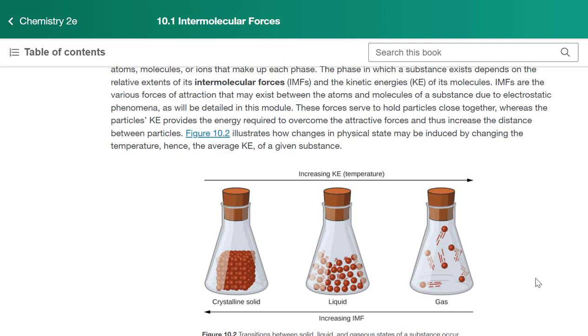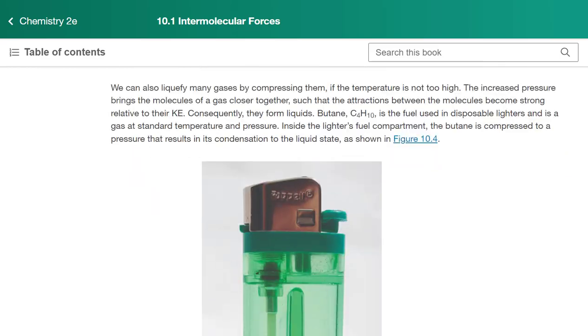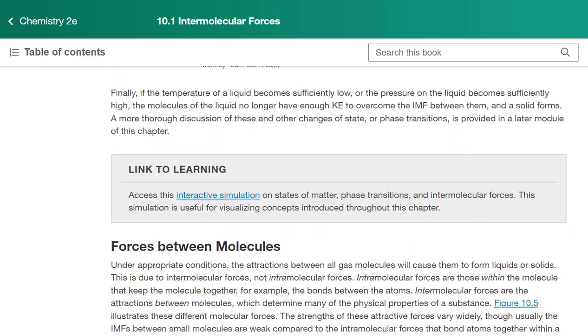Intermolecular forces is sticking together, leading to more condensed phases. So this section will be about identifying what those intermolecular forces are, what's causing that stickiness that molecules have that leads to them sometimes being something other than a gas. So let's talk about that a little bit.